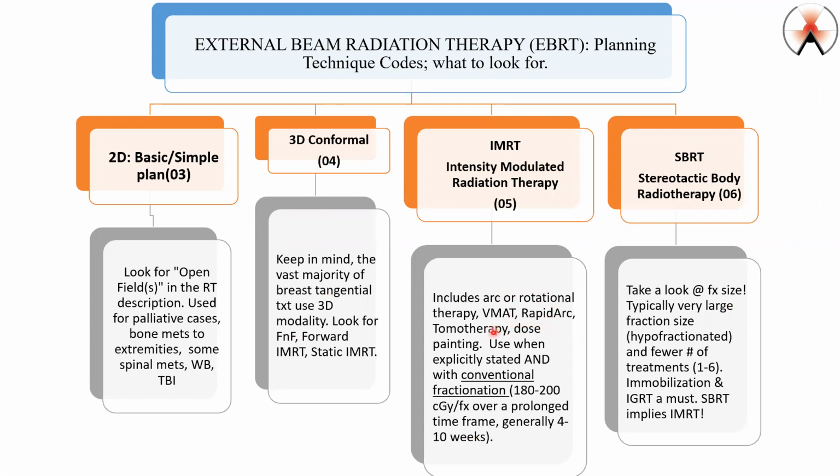VMAT, RapidArc, tomotherapy, all of these include rotational therapy. And in general, they're used with conventional fractionation, and I've given you the definition of conventional fractionation. If the prescription states that the patient is getting 180 to 200 centigrays per fraction over several weeks, that's conventional fractionation, as opposed to hypofractionation, where you see a patient come in for maybe 600, 800, or even 1200 centigrays for maybe 3 or up to 5 fractions.